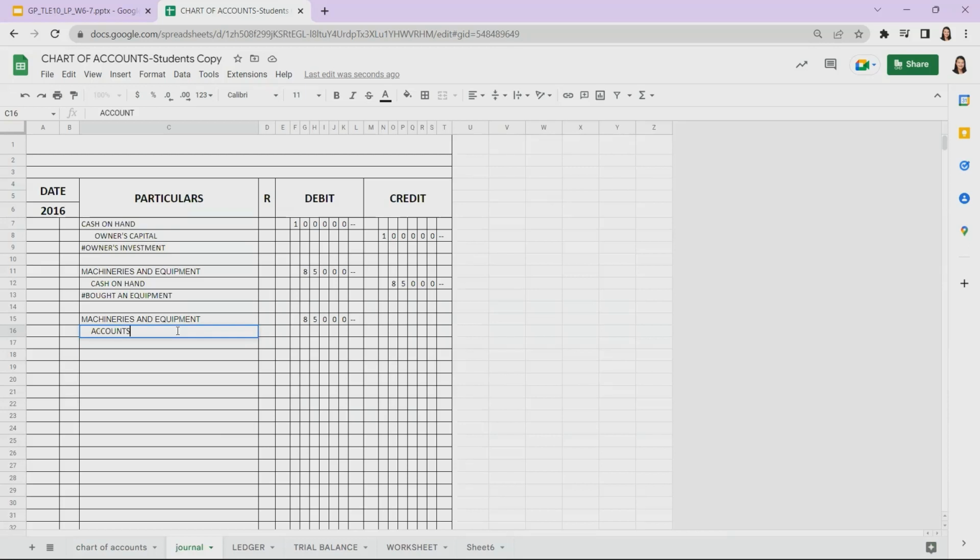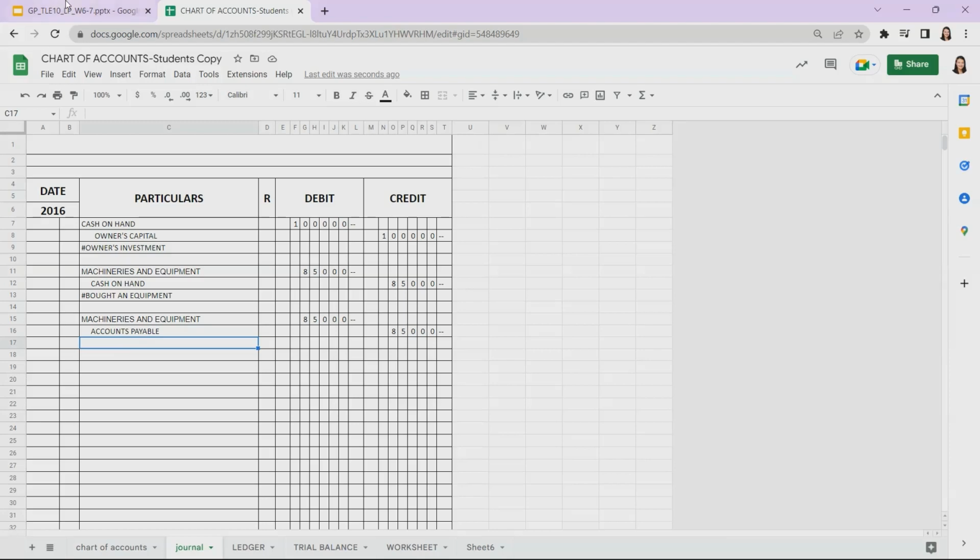Accounts payable. How much? 85,000. Why is your accounts payable written on the credit side? Because, again, bumili ka, hindi ka nagbayad. Anong meron ka? Utang. Ano nangyari sa utang mo? Nag-increase.